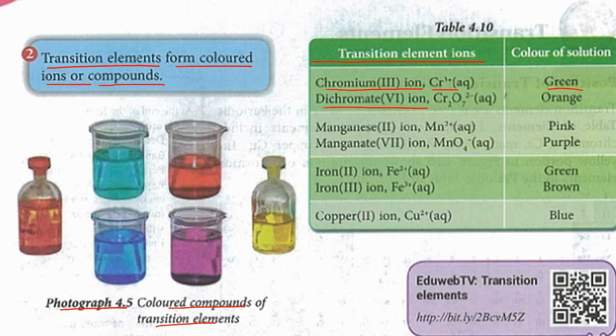Dichromate 6 ion Cr2O7 2-, the color of solution is orange. Manganese 2 ion Mn2+, pink. Manganese 7 ion, MnO4-, purple color. So iron 2+, green, and iron 3+, brown. Copper 2+ ion, blue color. Okay, so you should remember the color of this transition element solution.